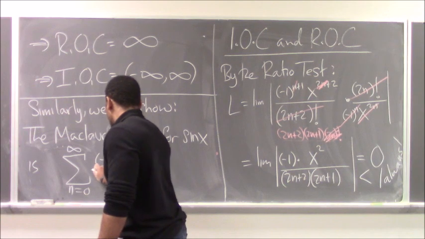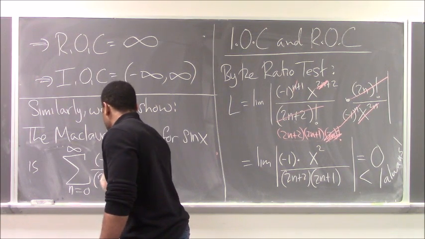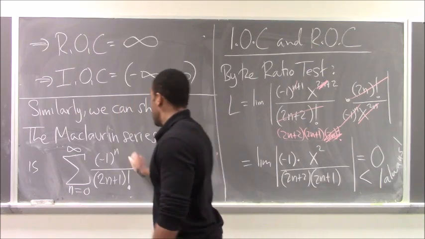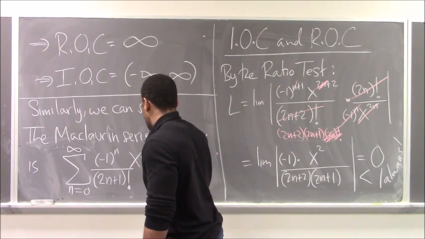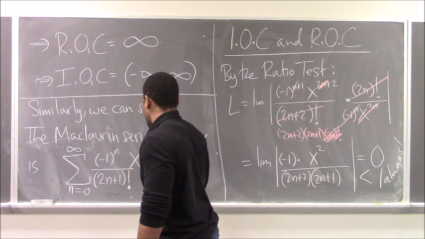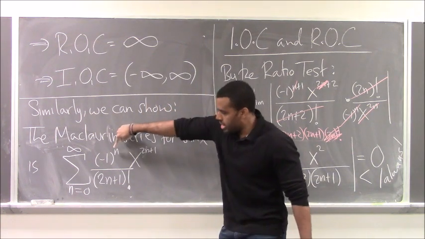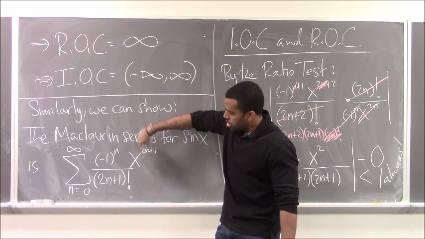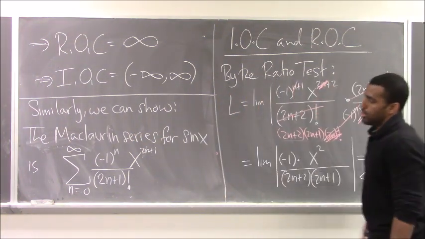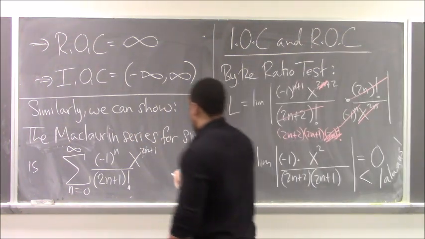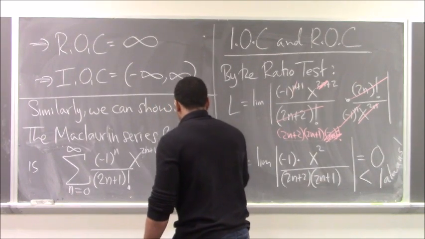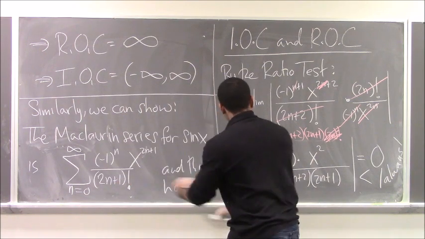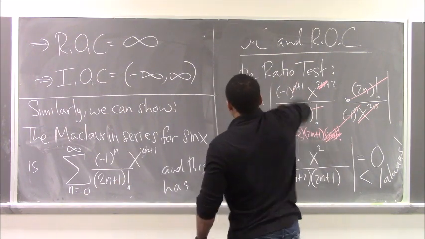And so what you can do is write this as 2n plus 1 factorial and x to the 2n plus 1. That forces the alternating sign pattern to take effect only for odd numbers. And it's going to look very similar to this one.